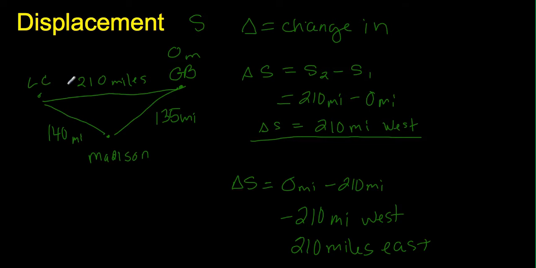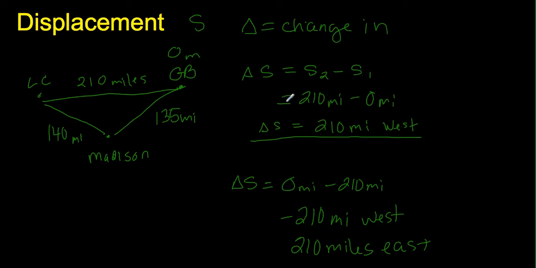If we worked with our original system, where this was our starting spot and this was our 210 mile spot, we moved in what most classes would consider a positive direction, but we set that up as negative, and that's not a big deal. Negative is really up to you as far as how you want to do that.